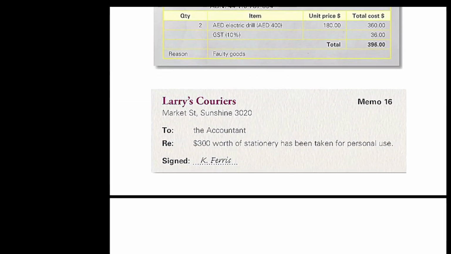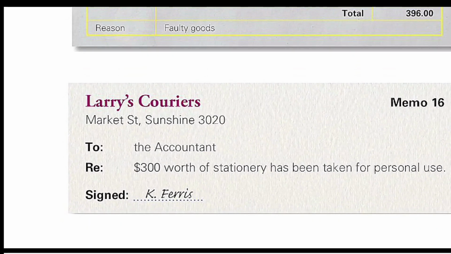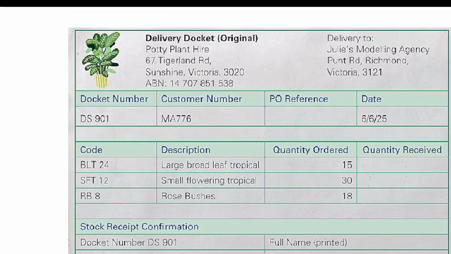Then what is this one? Check. Oh, memo. Memo, yeah. So it's an internal transaction. What is this one? Delivery docket.